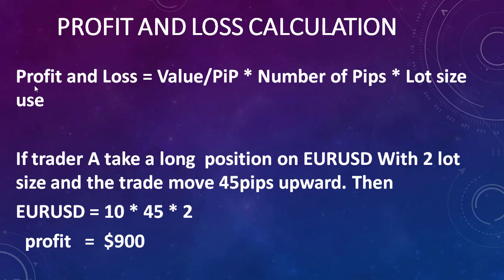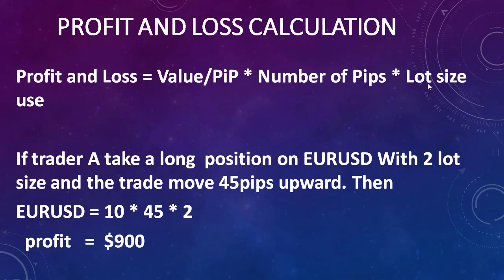In the case of calculating your loss, that is your risk, the number of pips means your entry point to your stop loss. Remember, from your entry point to your stop loss is your risk, while from your entry point to your TP is your reward.